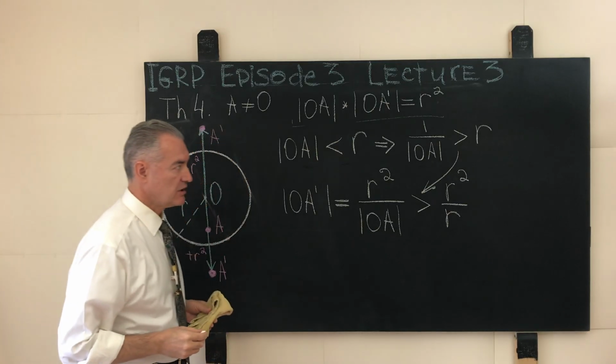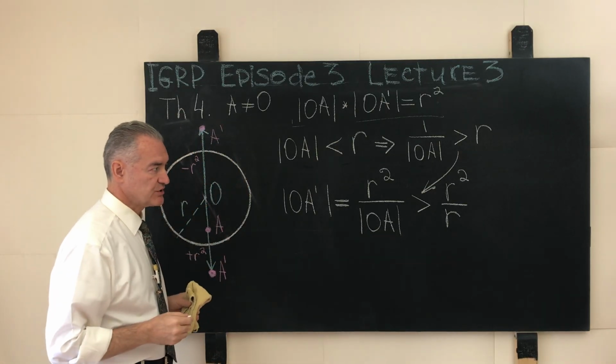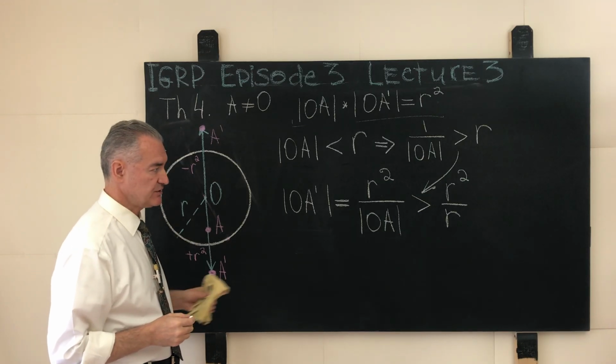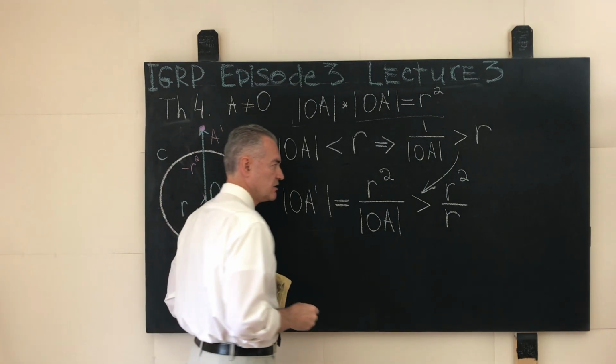Again, we operate under the assumption that, of course, the most interesting case is when the length of the radius of inversion is not 0. This manipulation is legal.